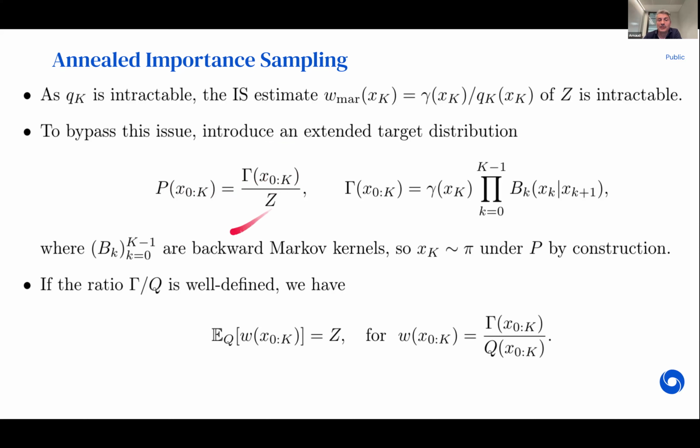This is a probability distribution which by construction admits, at the final time step, the marginal distribution pi, the distribution I'm interested in. Then I construct the rest by introducing a sequence of auxiliary backward Markov transition kernels that take me from xk to xk minus 1, from xk minus 1 to xk minus 2, and so on and so forth until x naught.